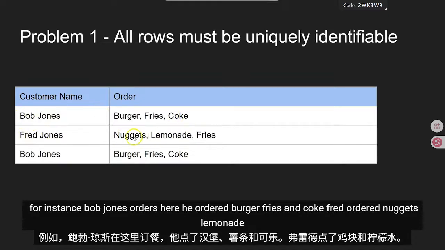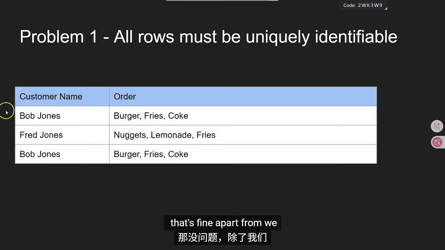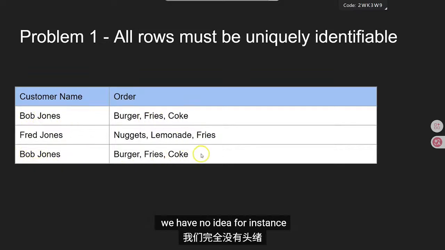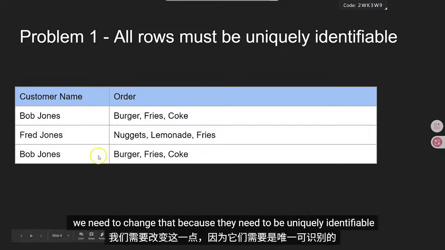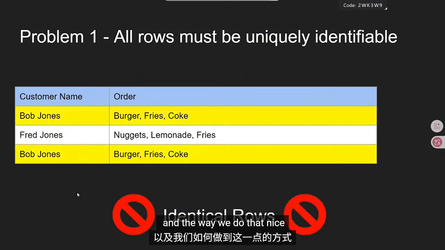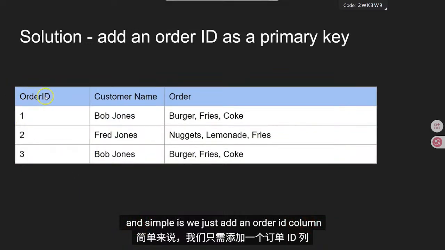Fred ordered nuggets, lemonade and fries, and then Bob also ordered burger, fries and Coke. Now that's fine, apart from we can't tell the difference between this row and this row. So we have no idea, for instance, which order was ordered first. So we need to change that because rows need to be uniquely identifiable. And the way we do that, nice and simple, is we just add an order ID column.